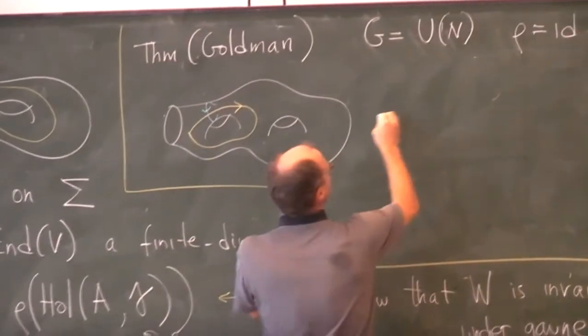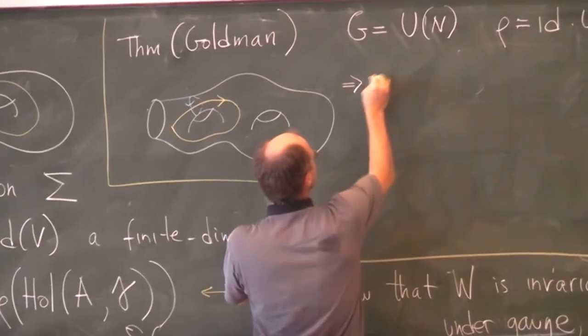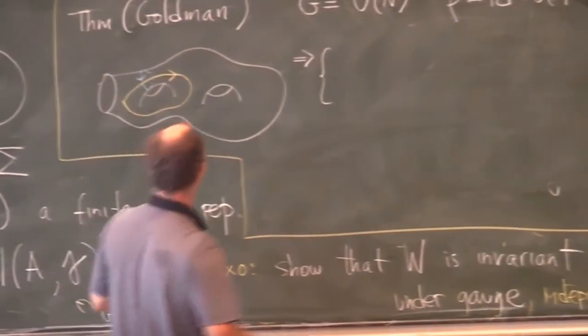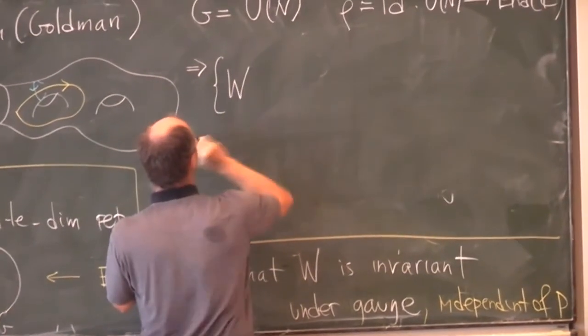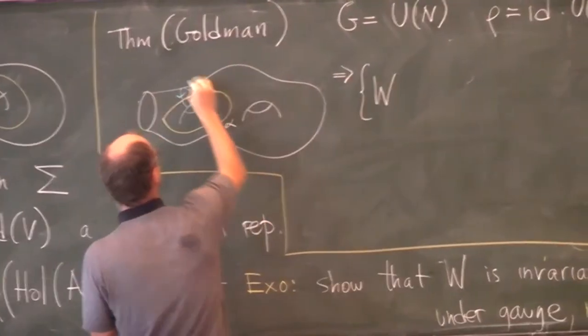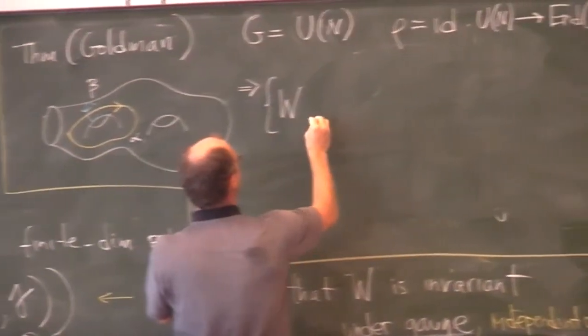Actually the theorem of Goldman gives an answer in a more general context, but in this context, let me tell you what it is. Let me call the first curve alpha and the second curve beta.